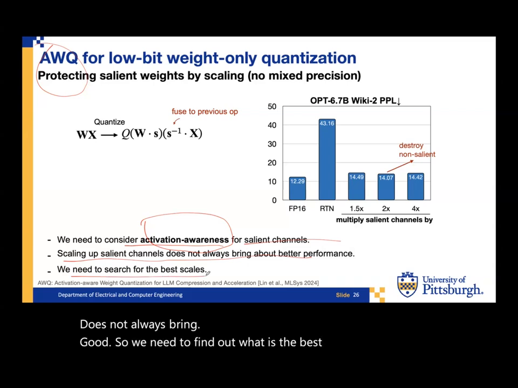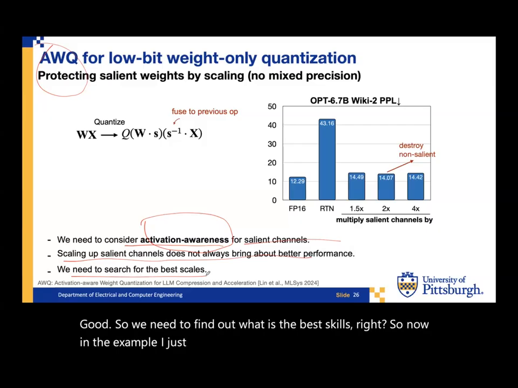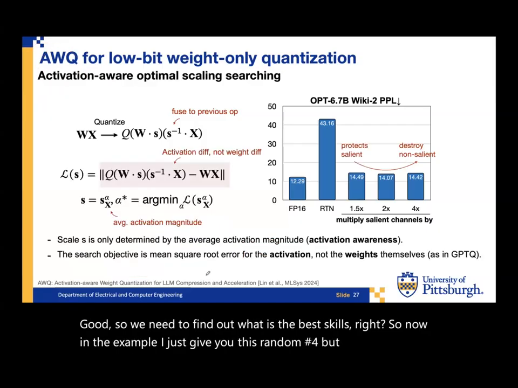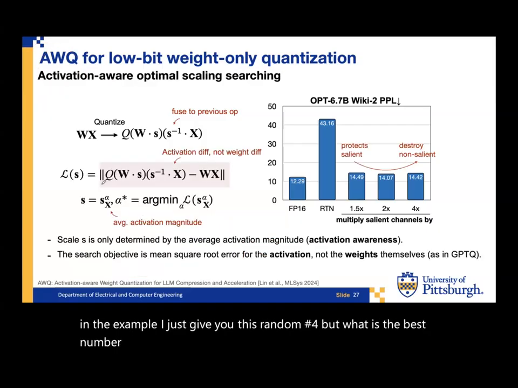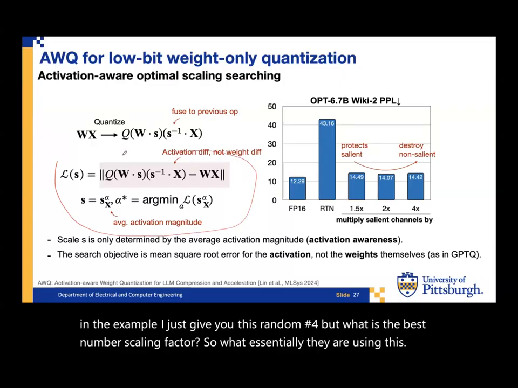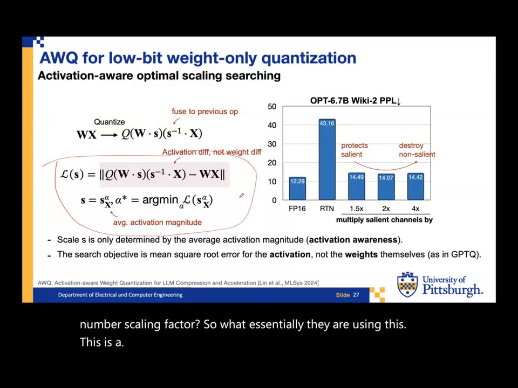Now in the example, I just gave you this random number 4, but what is the best scaling factor? What they are essentially using is linear programming.